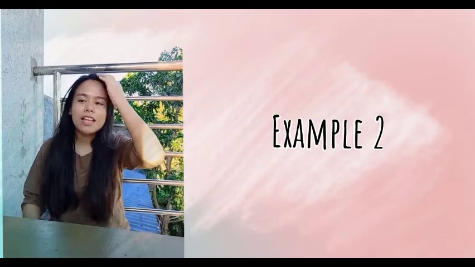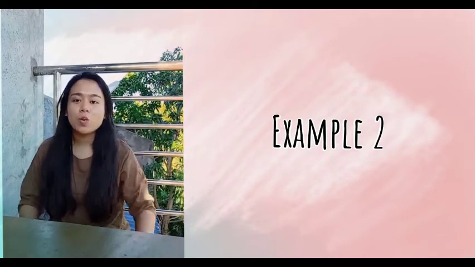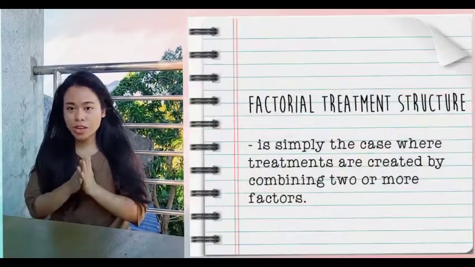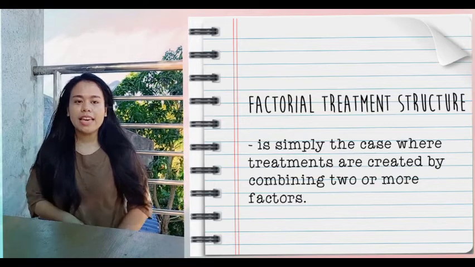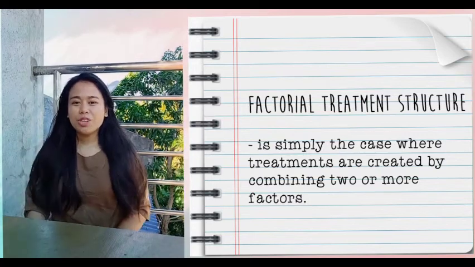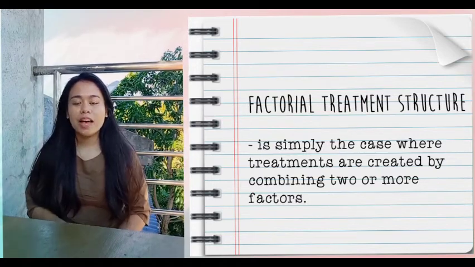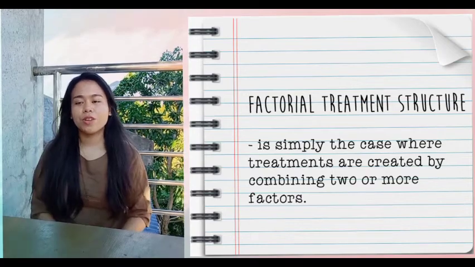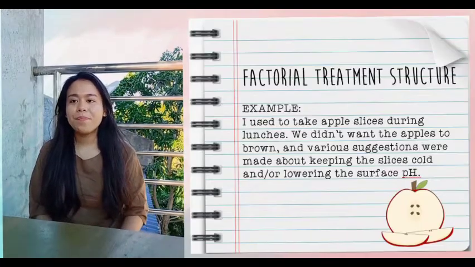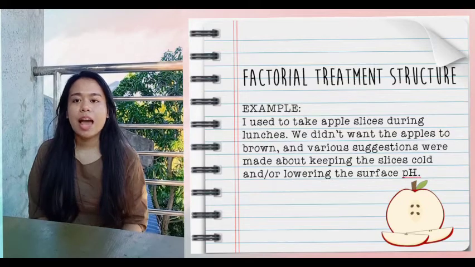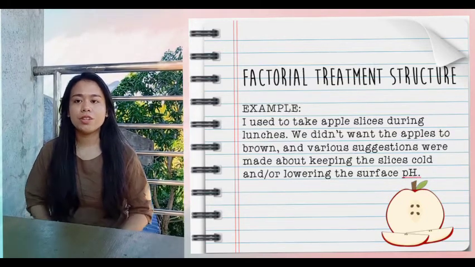Now let us proceed to the example of a factorial treatment structure. Ito nga i-recall nga ang factorial treatment structure is treatment siya nga nabuo gamit ang 2 or more factors. In this example, I used to take apple slices during lunches.